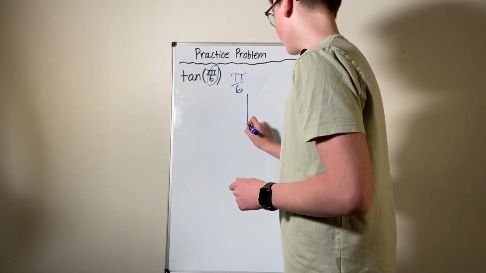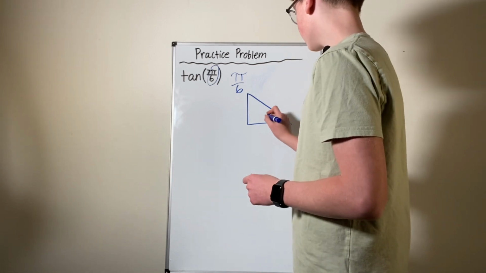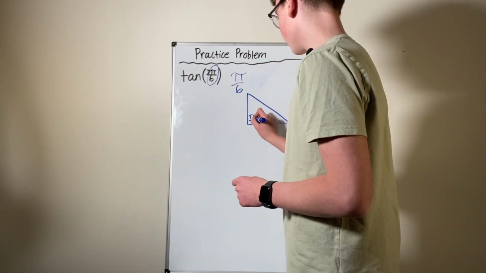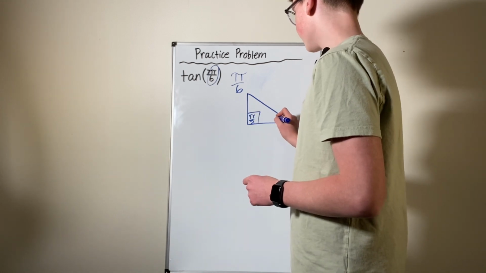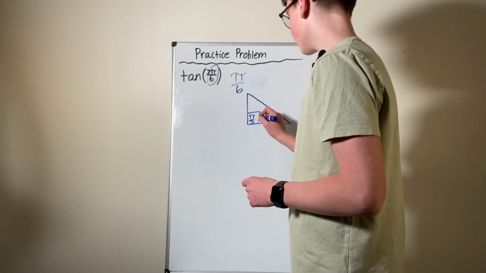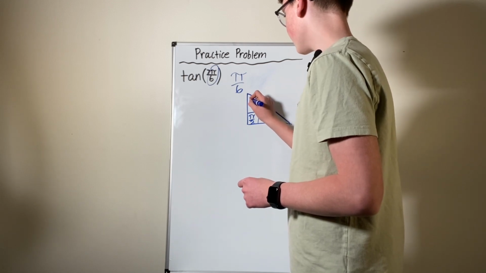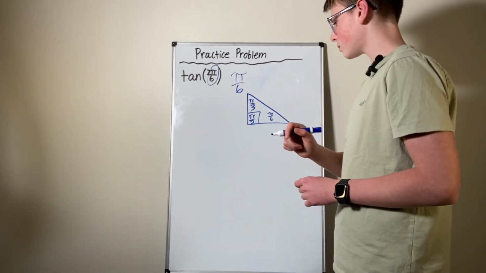So let's create one of those. This would be pi over 2, which is the same thing as 90 degrees. Then this small angle here is pi over 6, and this bigger angle is pi over 3.